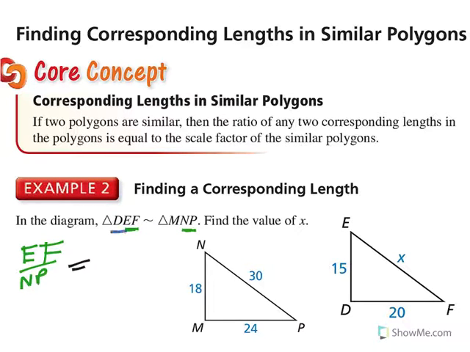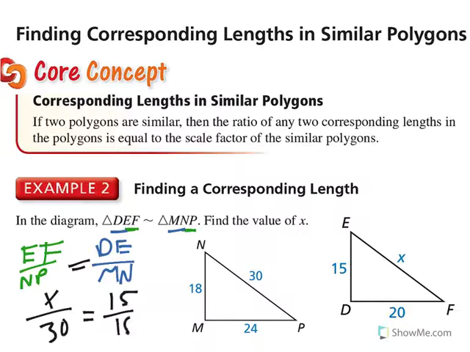So let's do the first two, DE and MN. DE would be over MN. And then I'm going to plug them in. So EF is my x, NP is 30, DE is 15, and MN is 18.